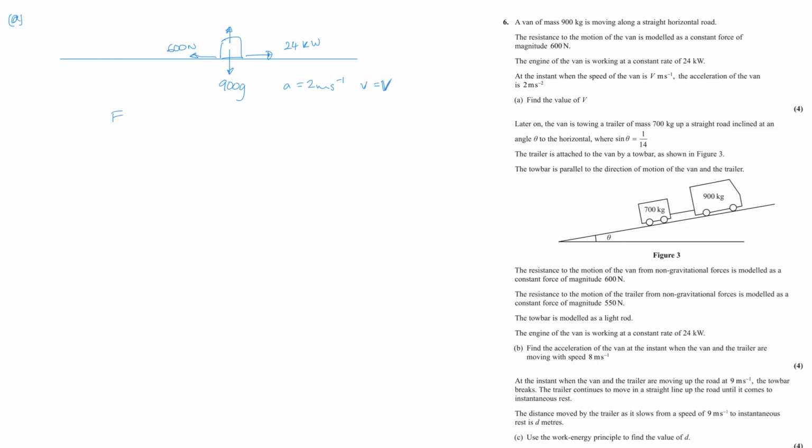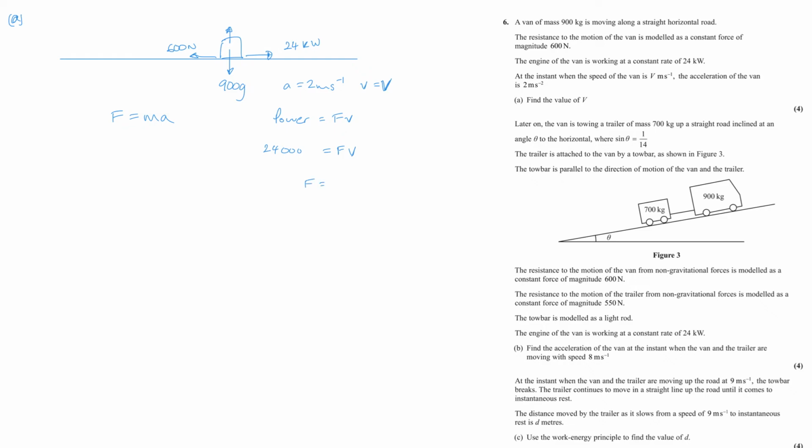So first things first, force F equals ma, and power equals Fv. So the power is 24 kilowatts, and the speed is v.